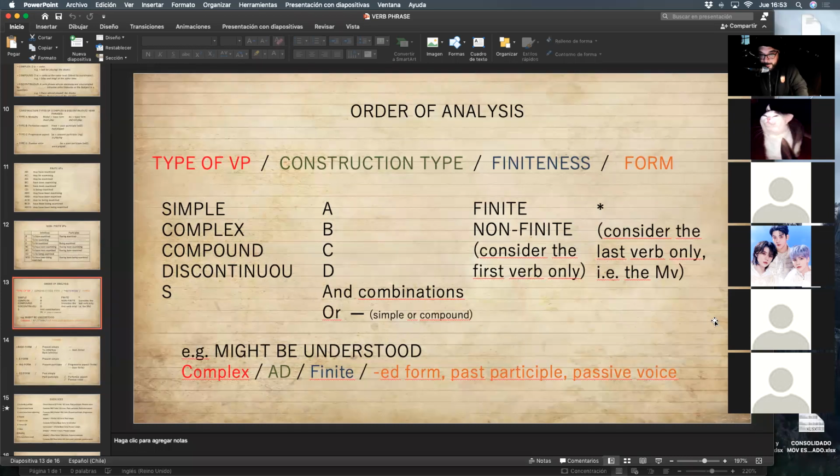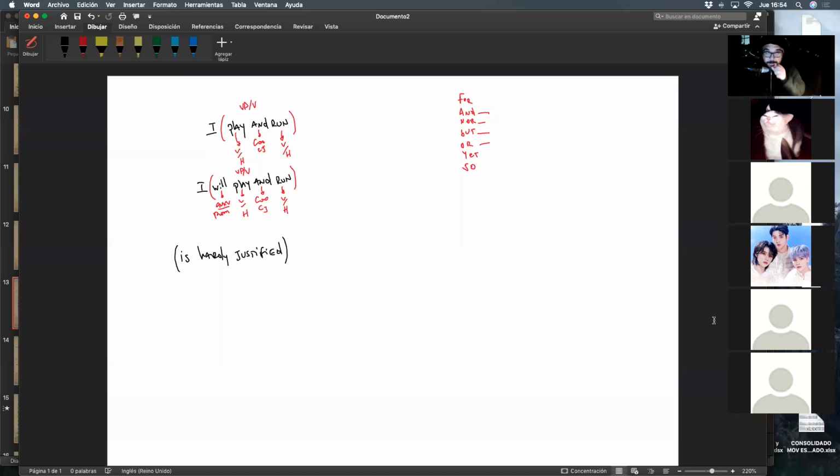Ya, revisémoslo. Is hardly justified. Okay, so the very first stuff we're going to do is stating whether it is simple, complex, compound, or discontinuous. As there's this adverb premodifier, I would say this is discontinuous.